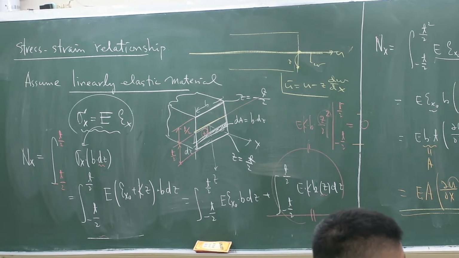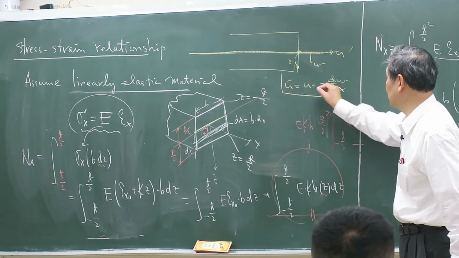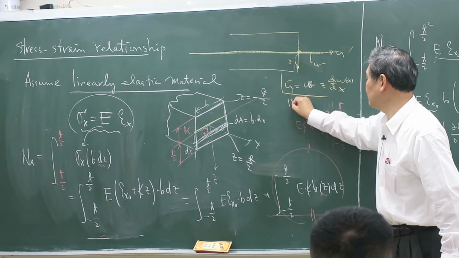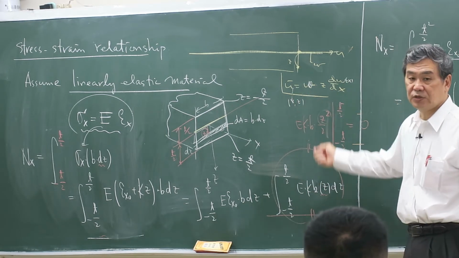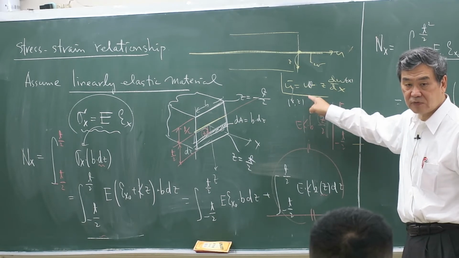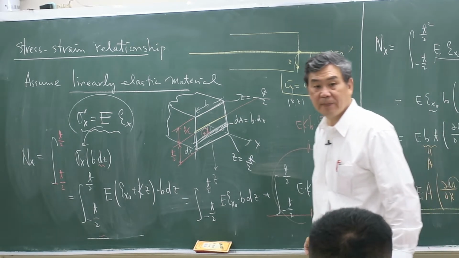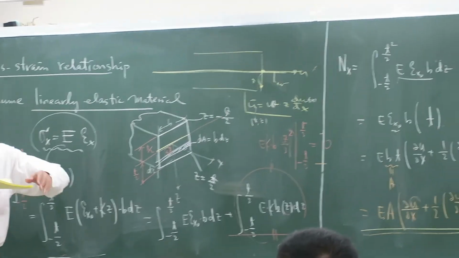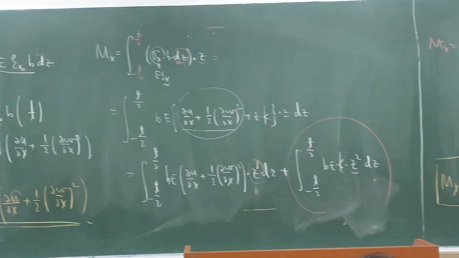So once you get W, you can get strain, or you can get U bar, right? U bar is a function of U, but this is a function of X and Z. U is a function of X, nothing to do with Z. U bar is a function of X and Z. Okay? Yeah, be careful. So U and W are just the center line, the neutral axis.